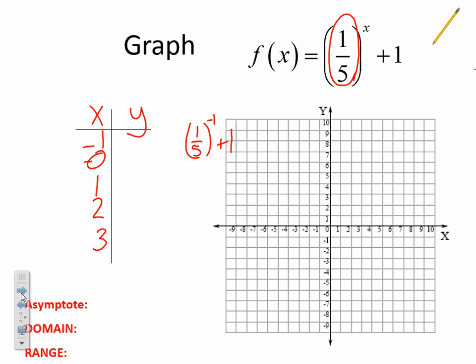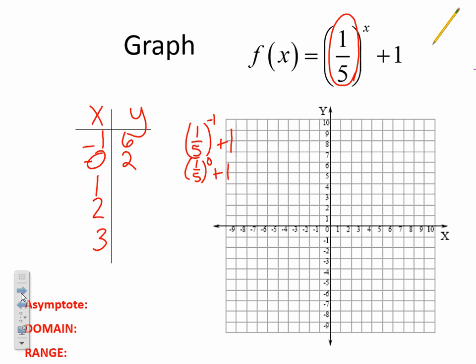We'll use our calculator now to generate that list of values for us each time. When I typed in negative 1 here, I get 6. If I take 1/5 to the 0 power, which is 1, plus 1 is 2.